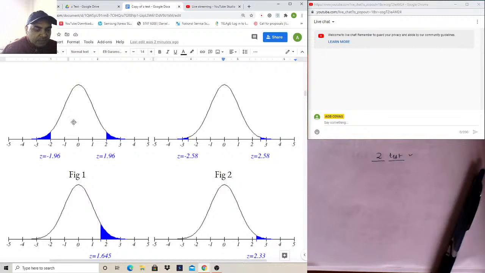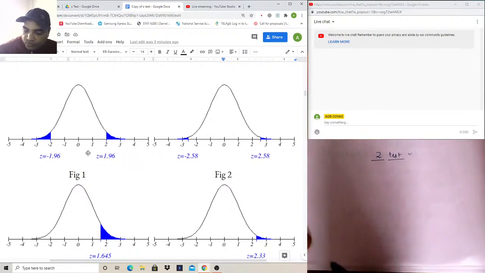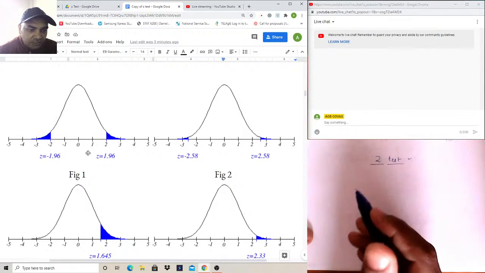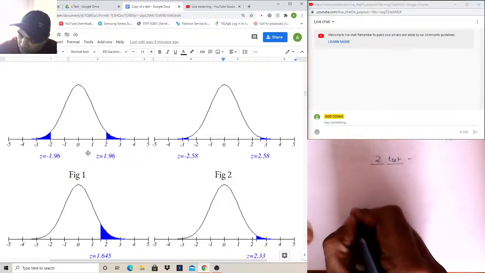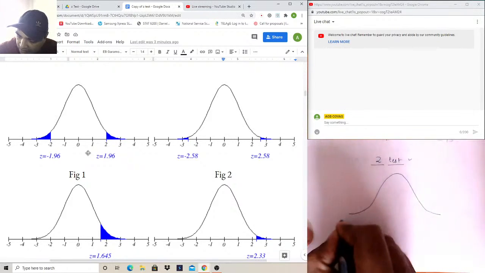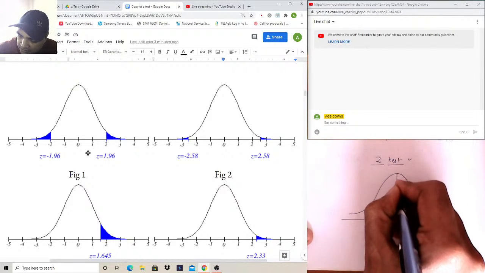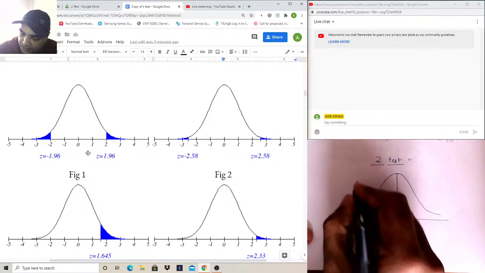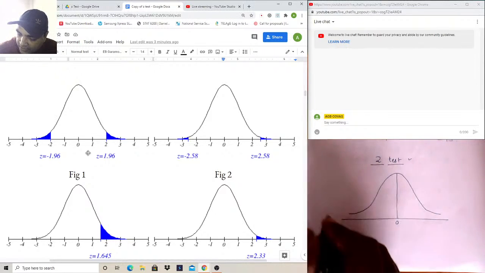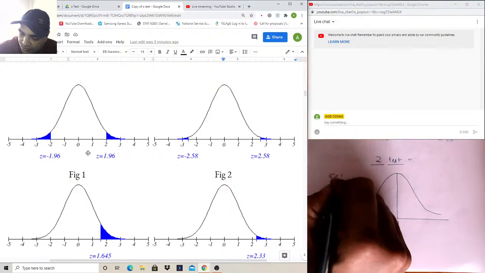When there is 5% level of significance, your Z value spans from minus 1.96 to plus 1.96. Say if I make a normal distribution and this is the highest point, in case of the Z table we have already studied that the mean of this normal variate is 0 and it has a standard deviation equal to 1.